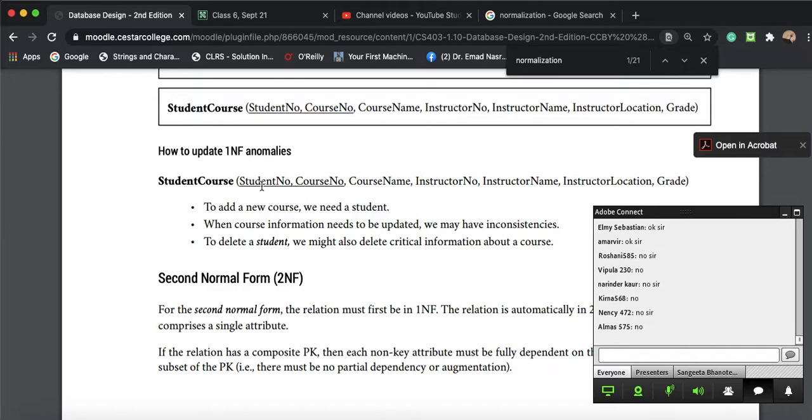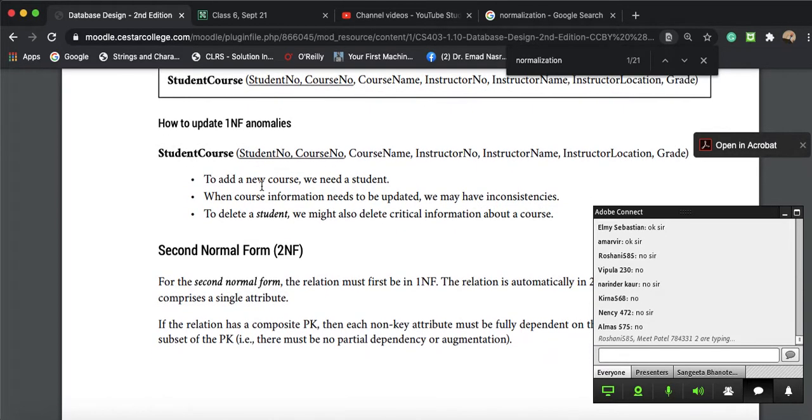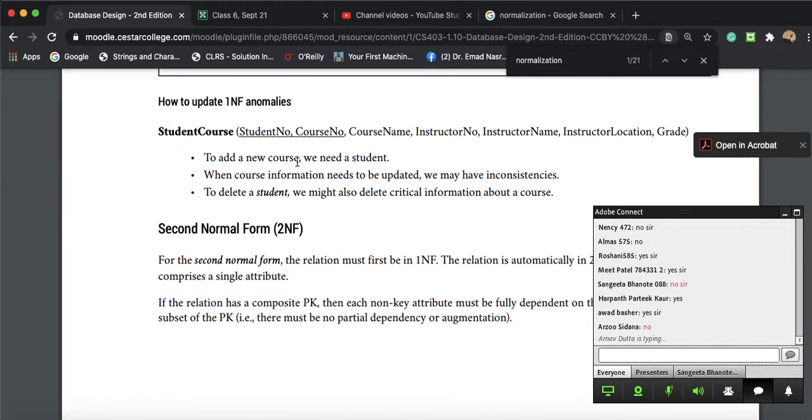Do you understand the problem? I don't want to add a student. I want to add a course. I can't. Upon this design, I can't. So I want you to see and feel what a bad design means.